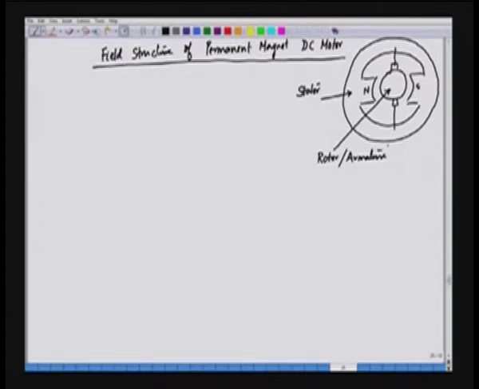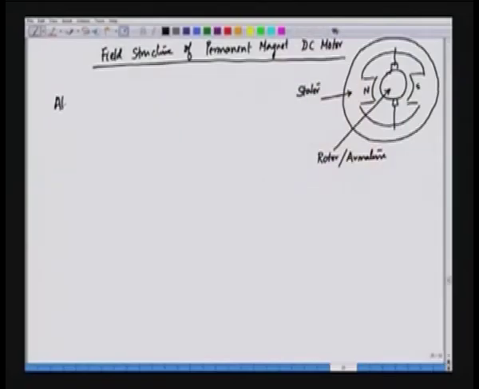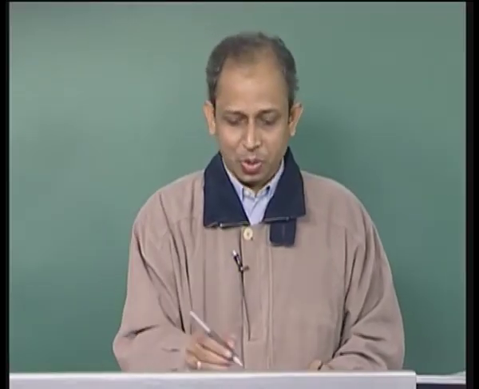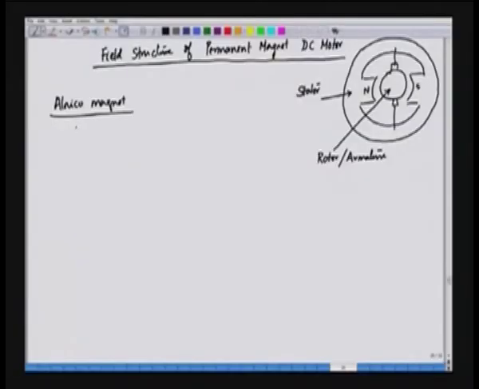Now, let us talk about the alnico magnets. Alnico magnets and ferrite magnets are less expensive, so they are widely used. We have already seen that in alnico magnets we have high Br and low Hc, that is, high residual flux and very low coercive force.